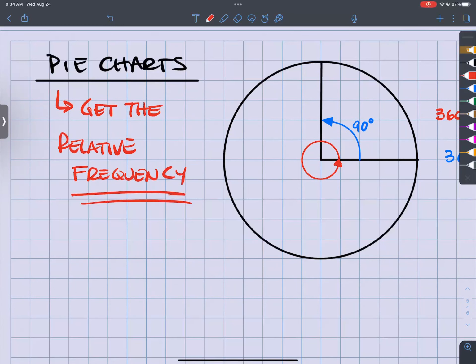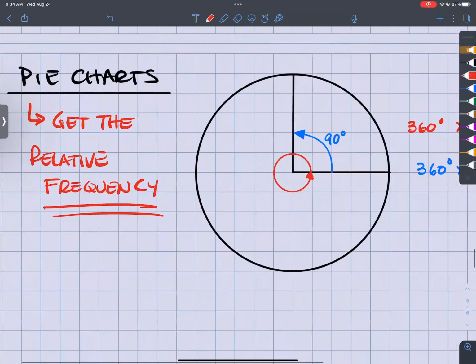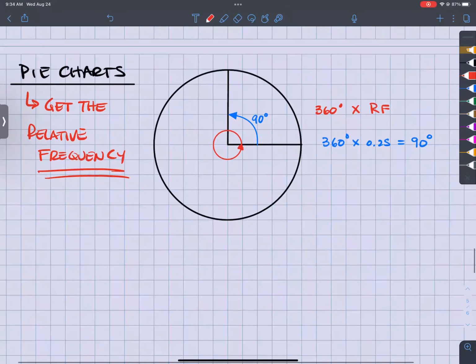Because the relative frequency is going to give us those percentages, which is a lot easier to multiply by 360, which gives me the angle that I need to have to create these pies. Wow, that's all it is. That's all.